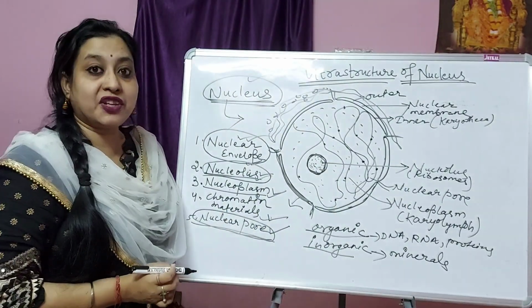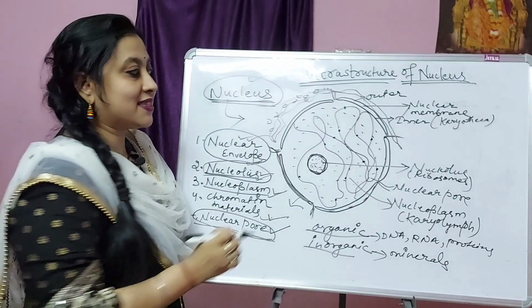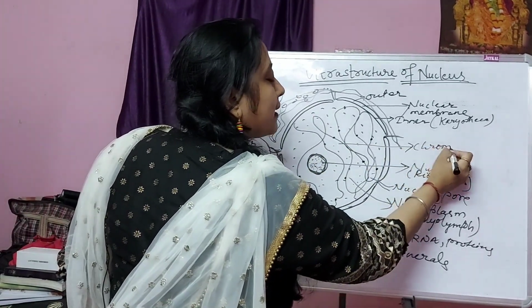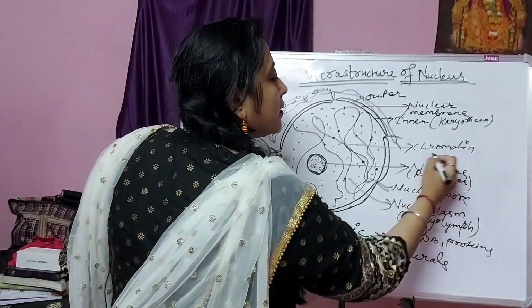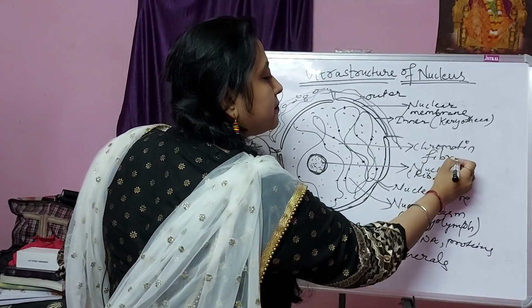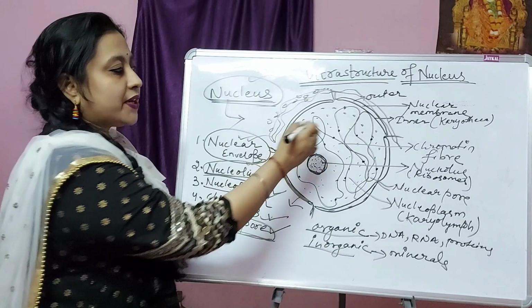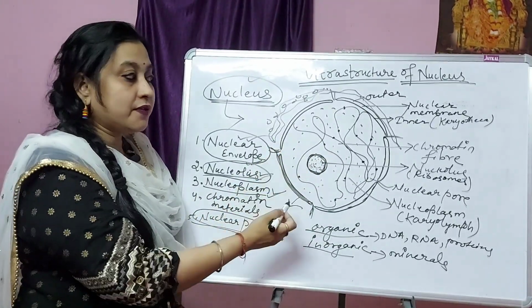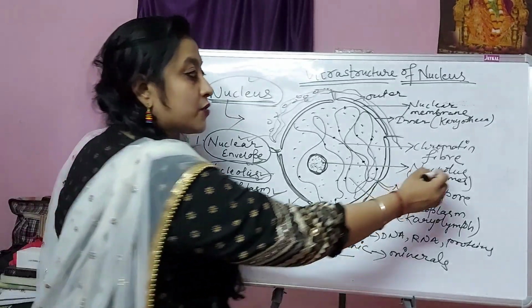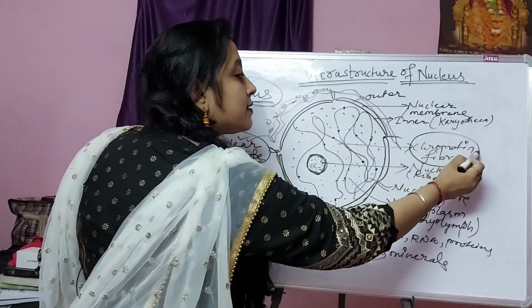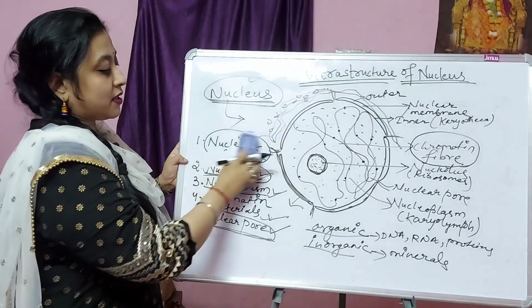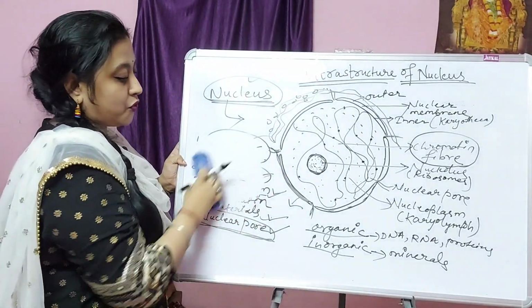Then come to chromatin fiber. The main part of the nucleus is chromatin fiber. This structure is called chromatin fiber. This chromatin fiber is a thread-like structure. If you see the coiled thread-like structure, the function of this chromatin fiber is that it condenses at the time of cell division and forms the ribbon-like structure called chromosome.